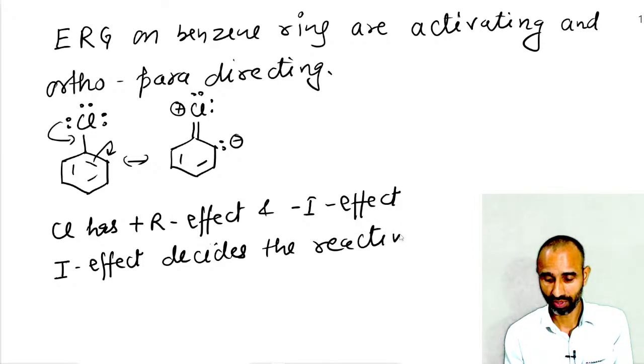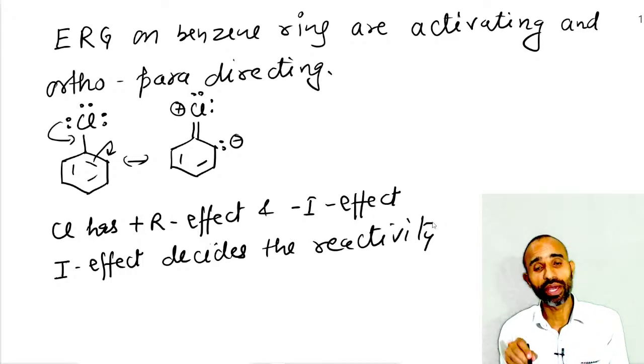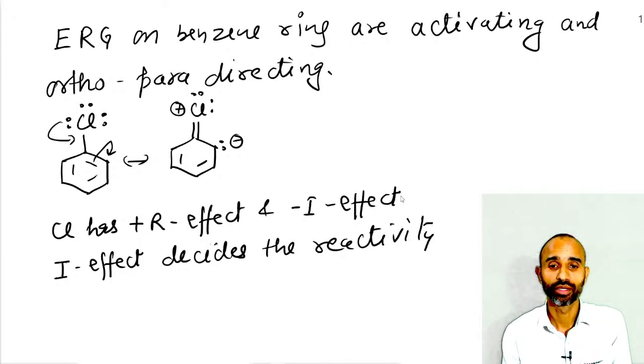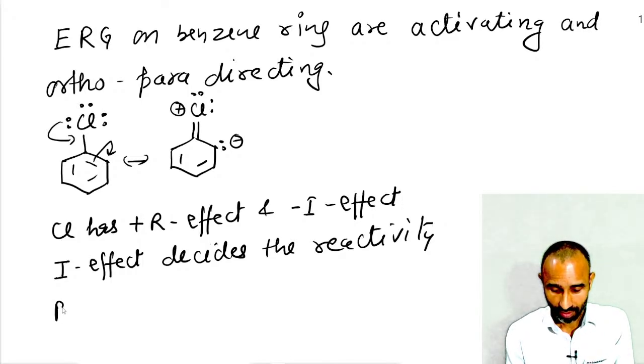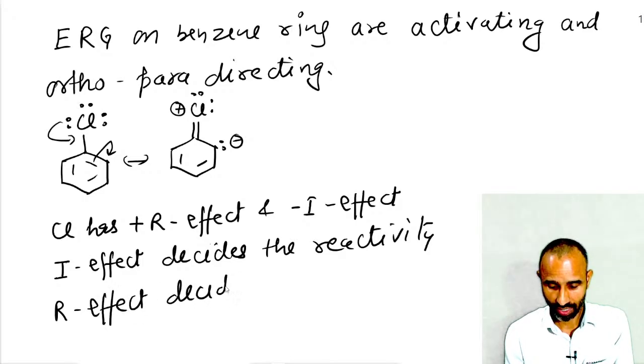So that means chlorobenzene is less reactive than benzene, but the R effect decides the orientation.